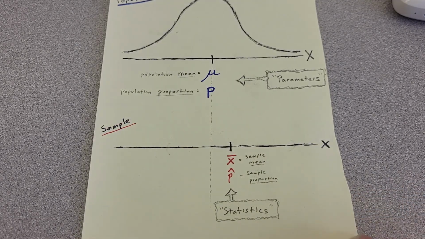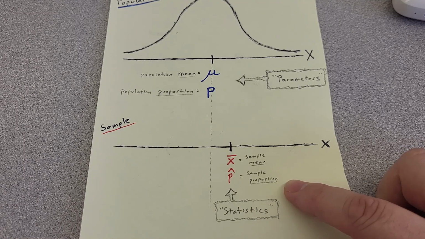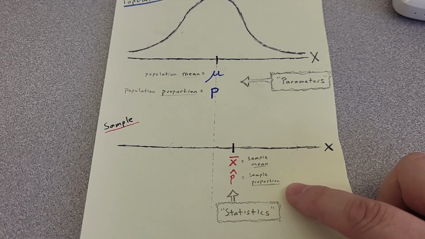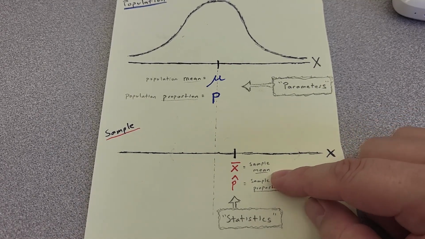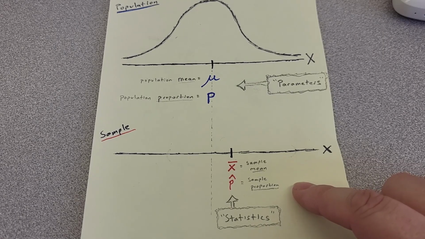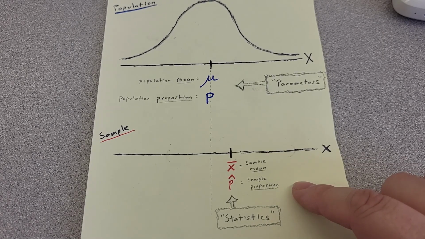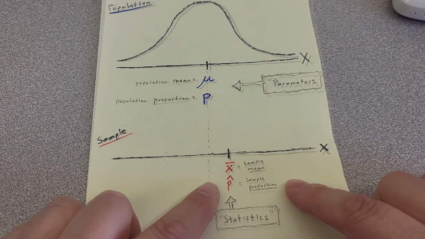The other thing about sample statistics is that they're not all going to be the same. You could go out and get your own sample, crunch those numbers, and get your own statistic. Meanwhile, me or anybody else can go out and get our own sample. And that sample is going to come back with a certain mean or proportion.